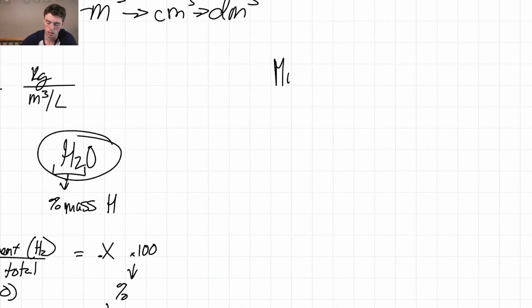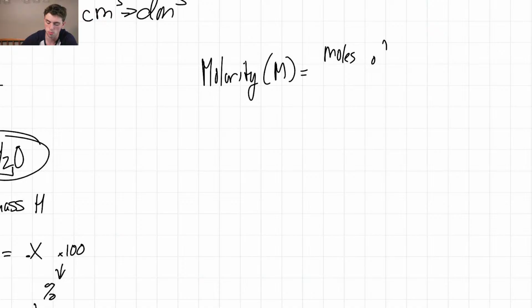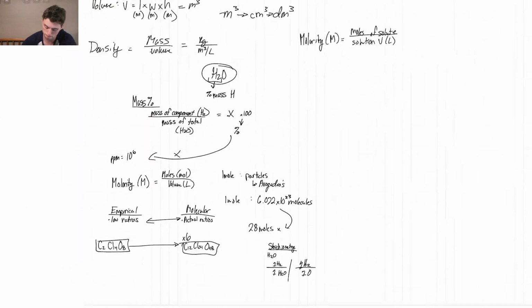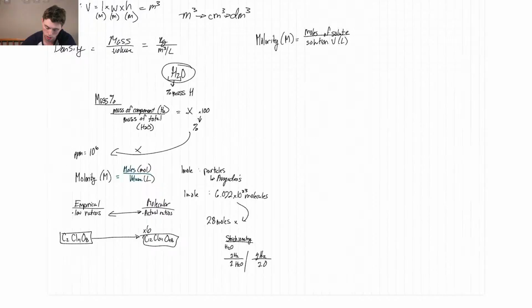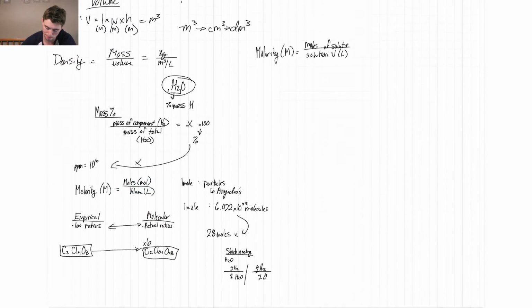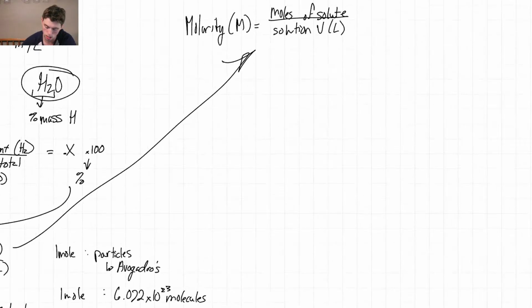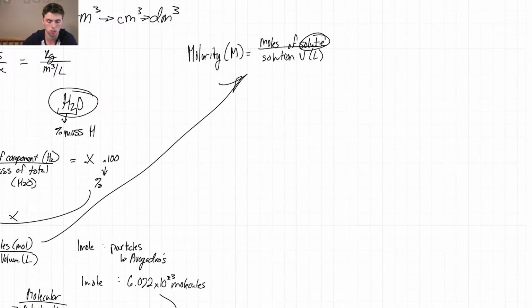When we talk about molarity, M, specifically, it's moles of solute over solution volume in liters. This is what we talked about over here. Yeah, so this moles is specifically for the solute. And you can do, again, a lot of conversion factors within that.